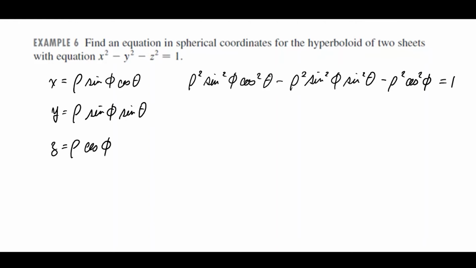You with me? Okay. Do you see that rho squared is a common factor? Let's just take a look at this. Between these two, sine squared phi is a common factor, isn't it? So we have sine squared phi, and then we're going to have cosine squared theta minus sine squared theta.